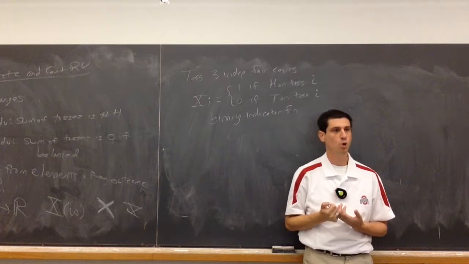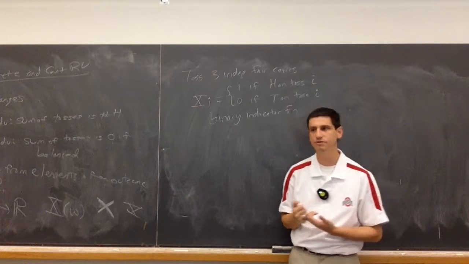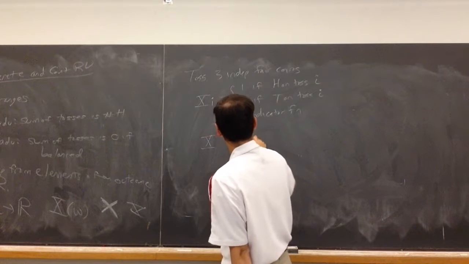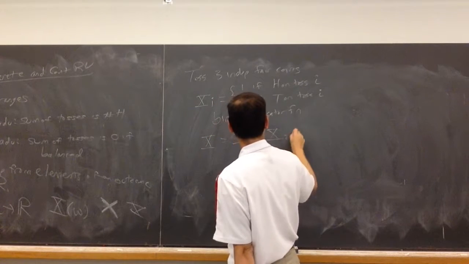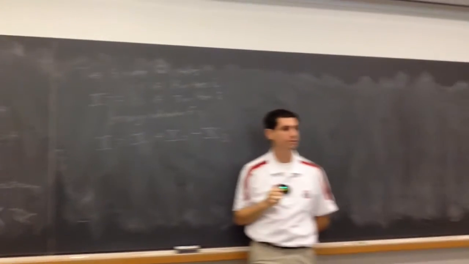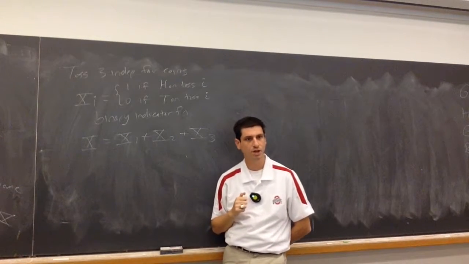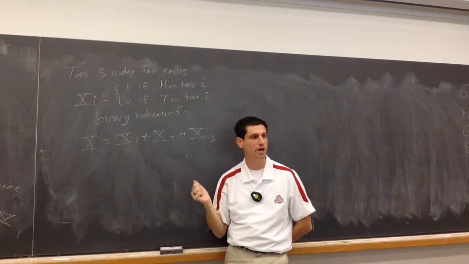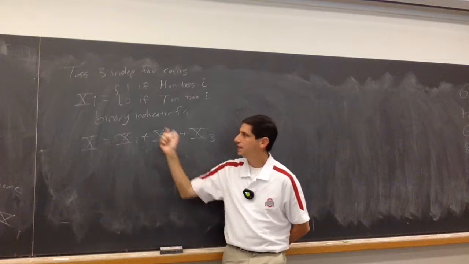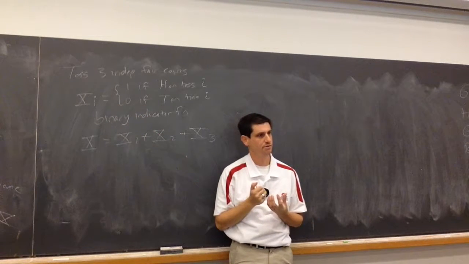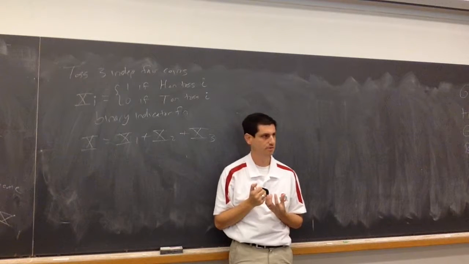Given random variables, we can create new random variables from these. We could let X be X1 plus X2 plus X3. This is a new random variable. You have to sometimes be a little bit careful as to what your outcome space is. What does X_i take as input? What's my input here?